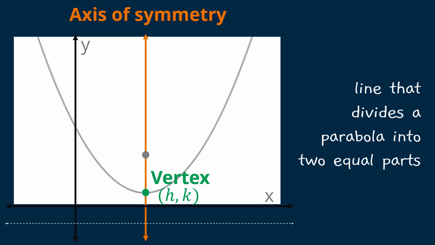For example, here, point A, and on the opposite side is point B. To check if they are along the axis, we would check the distance to the axis of symmetry. Okay, this is 6 units again. This is also 6 units. Okay, that's how an axis of symmetry works.